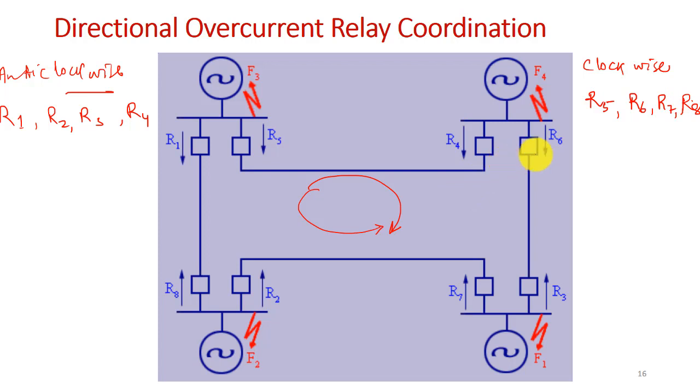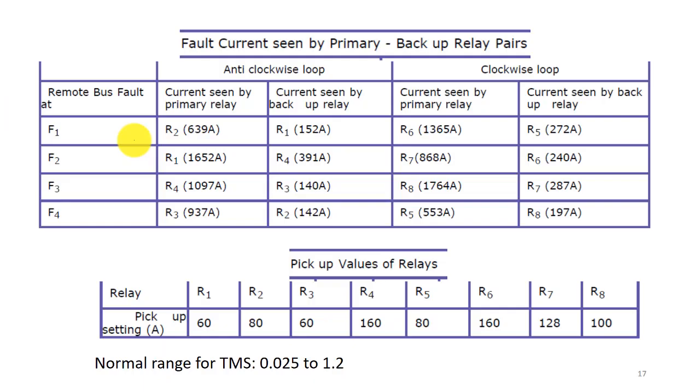Okay, so this is how we'll find all the settings of relays. So different sets of relays, that is, one set is for anti-clockwise and the other set is for clockwise direction, right? So already using this table we can find again for the clockwise direction, the settings of the relays associated with the clockwise direction, right?